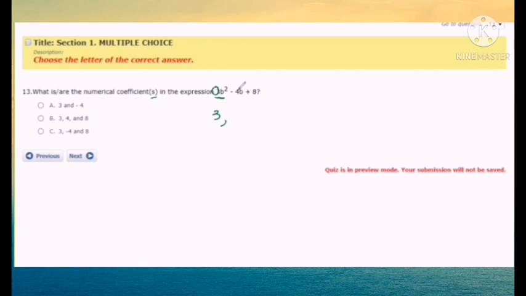In the second term, negative 4 is another numerical coefficient. And the last term, 8 here is not considered as a numerical coefficient because it is not used as a factor. So this one is actually called a constant term. Therefore, our numerical coefficients here are only 3 and negative 4. So it's letter A.